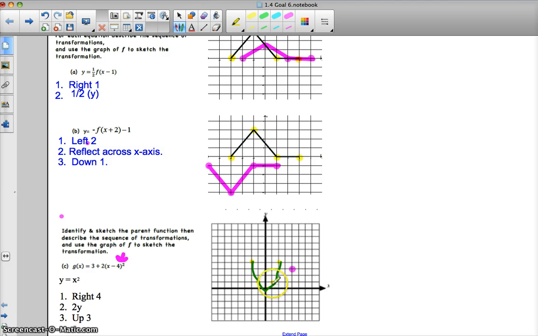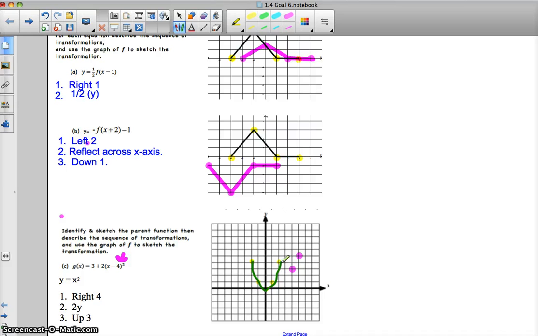I'll take the ordered pair 1, 1, and I'll shift it right 4. 1, 2, 3, 4. Its y coordinate is 1, and 1 times 2 is 2. And then from there, I'll shift it up 3. 1, 2, 3.